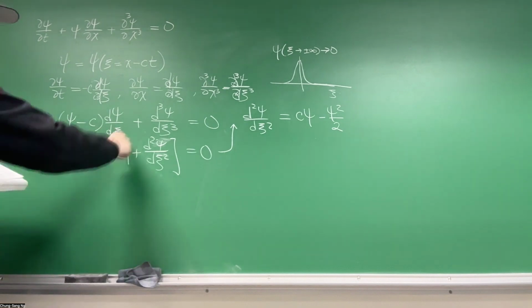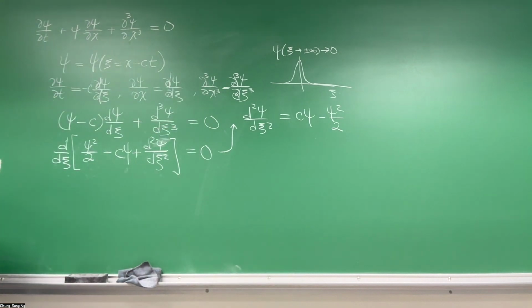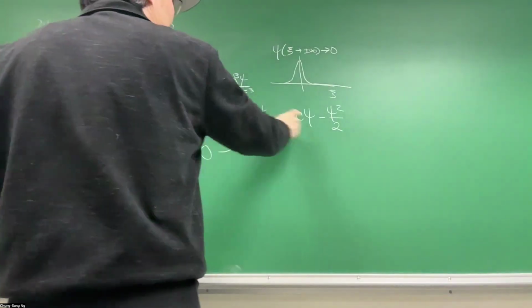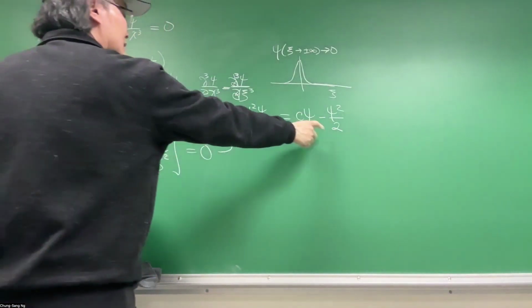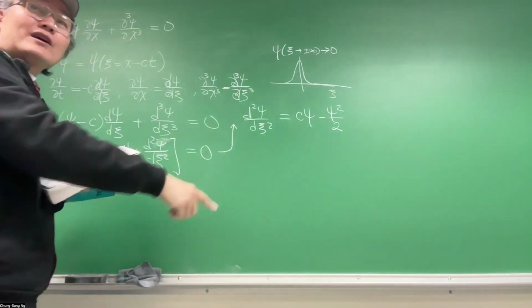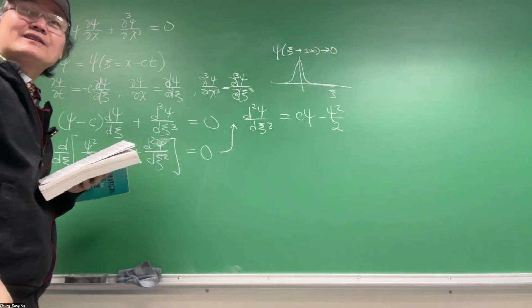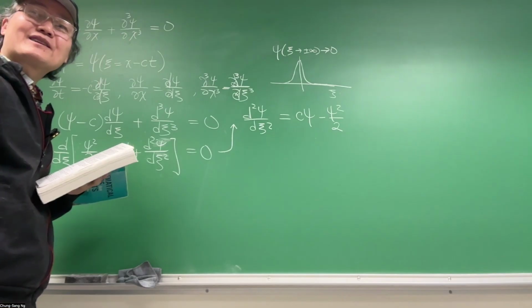Just move this term to the other side. I mean, this is essentially 9.25, except that I write, this is 9.26. Just move the other term to the right-hand side. And this form you know how to solve, right? How to solve?